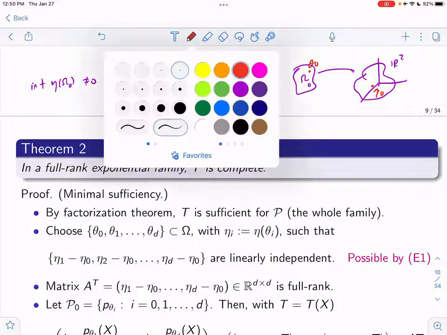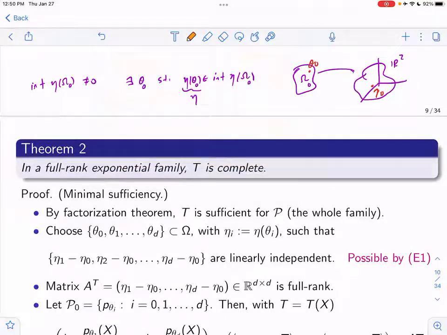And the idea is that because eta naught is in the interior, I can put a small ball around it, and it's entirely inside the set. And because it's a full dimensional ball, I can put a coordinate axis completely inside this. So if I move a small step in every direction along the coordinate axis, I'm still in the set.